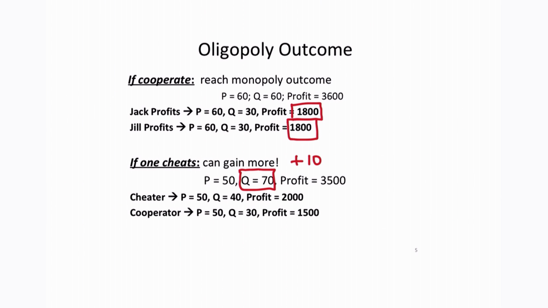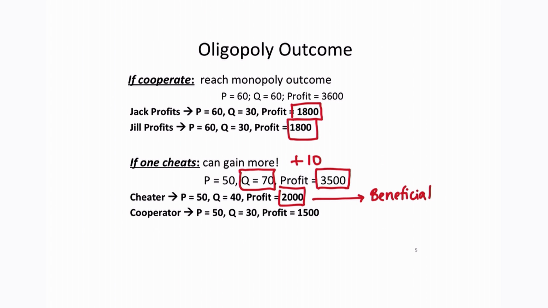So the price falls and the total quantity rises. Our profits fall to $3,500. For the cheater, this is beneficial because now their profits have risen from $1,800 to $2,000.